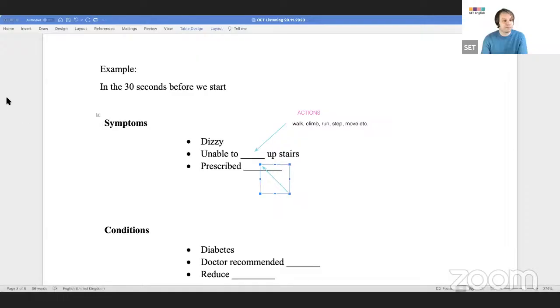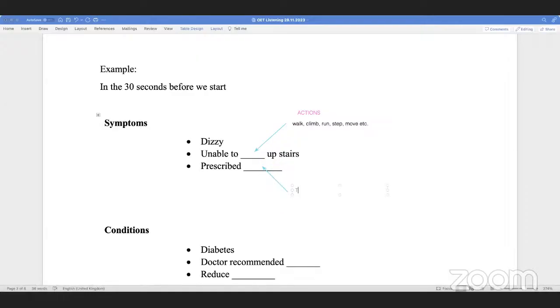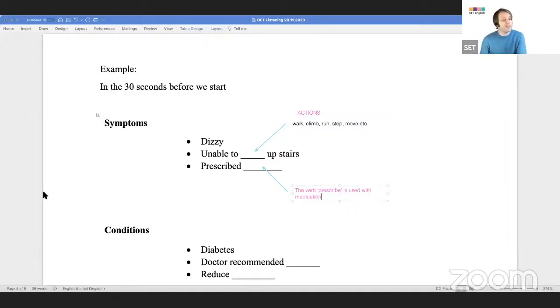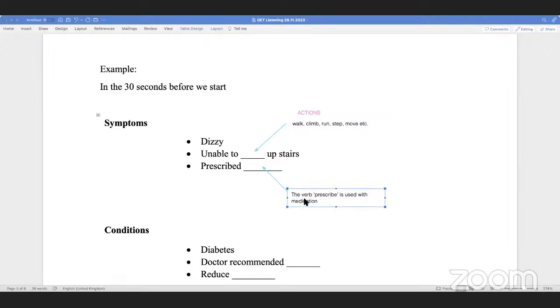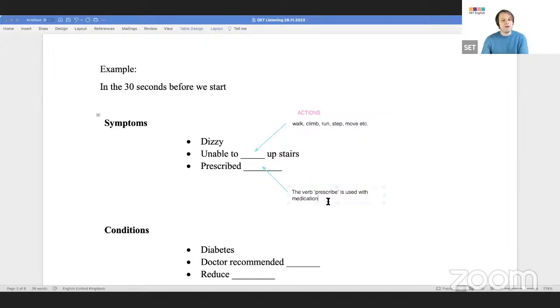Prescribed is the verb, right? The verb prescribe is only used for medicine. It can be used with medication, and also I think I've seen it with physiotherapy. Can you prescribe the removal of something? Yes, I think so.